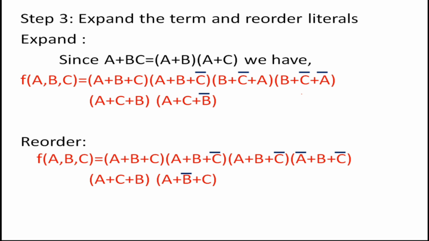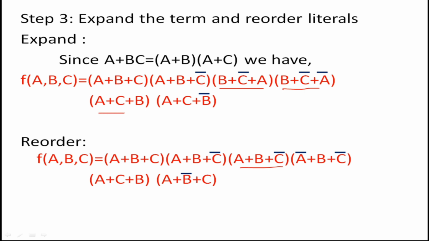Now what are we going to do? We are going to reorder the terms as they are not in a proper order. Here you can see A plus B plus C is in proper order, A plus B plus C bar is in proper order, but the third sum term, B plus C bar plus A, is not in a proper order, so we make it A plus B plus C bar. Similarly, the fourth sum term, B plus C bar plus A bar, we write as A bar plus B plus C bar.